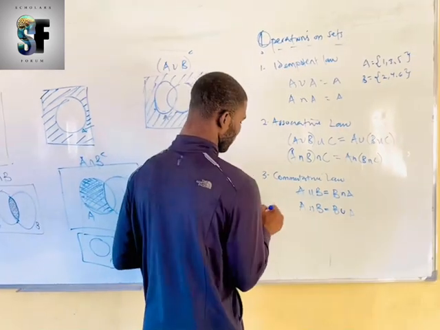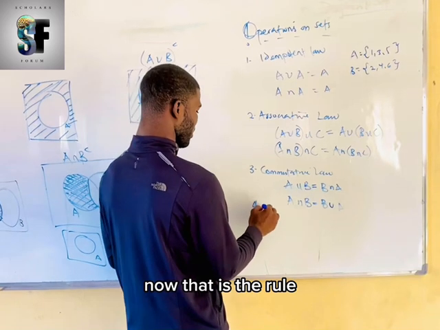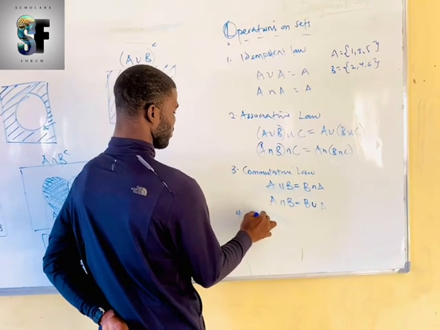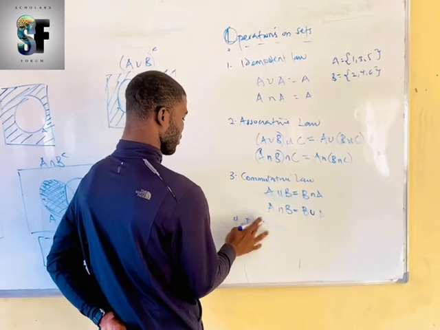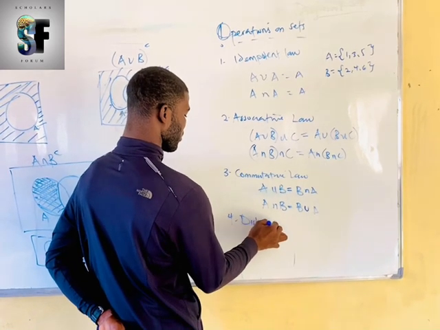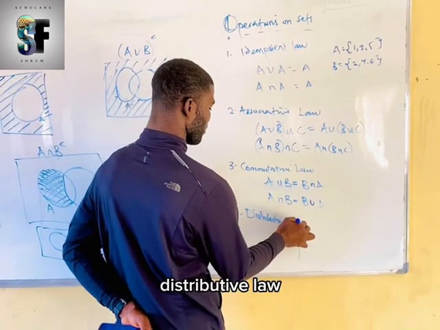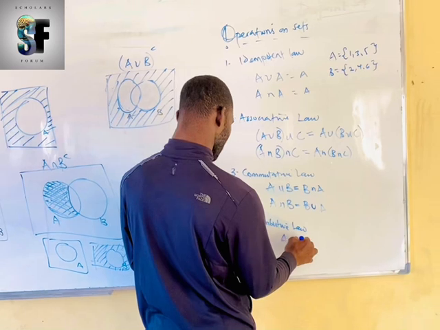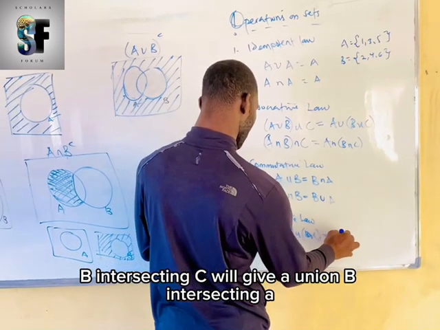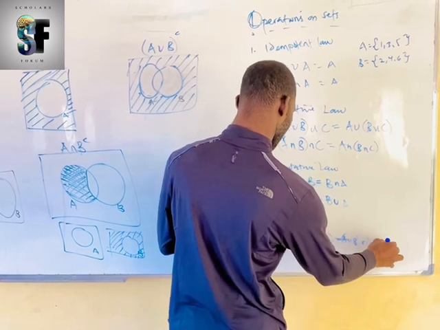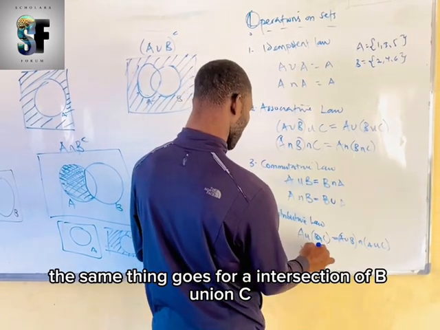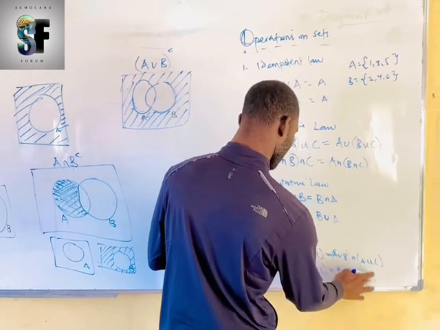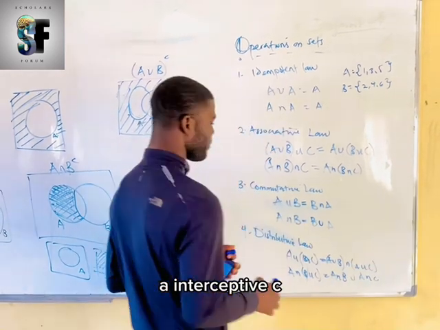Distributive law. Now A union B intersecting C will give A union B intersecting A union C. The same thing goes for A intersection of B union C. It becomes A intersecting B union A intersecting C. Alright?